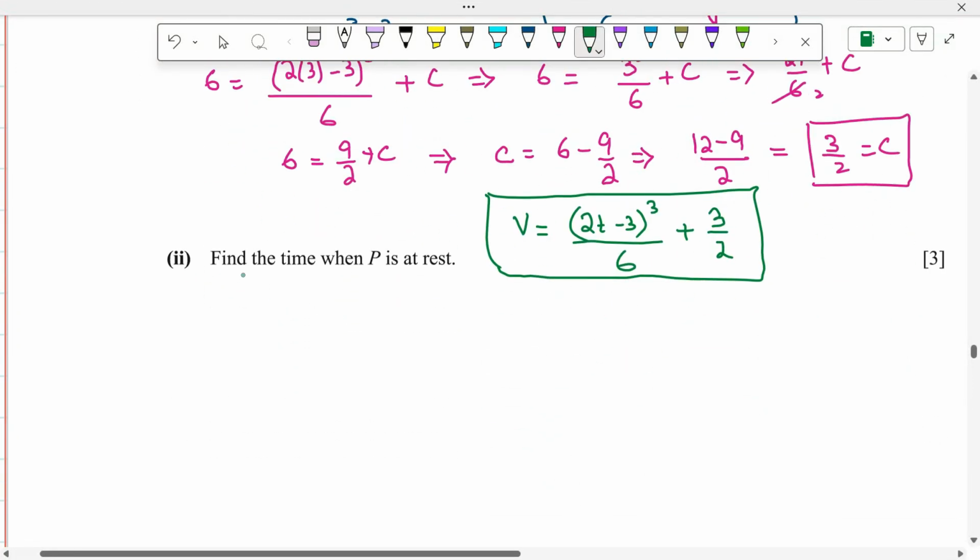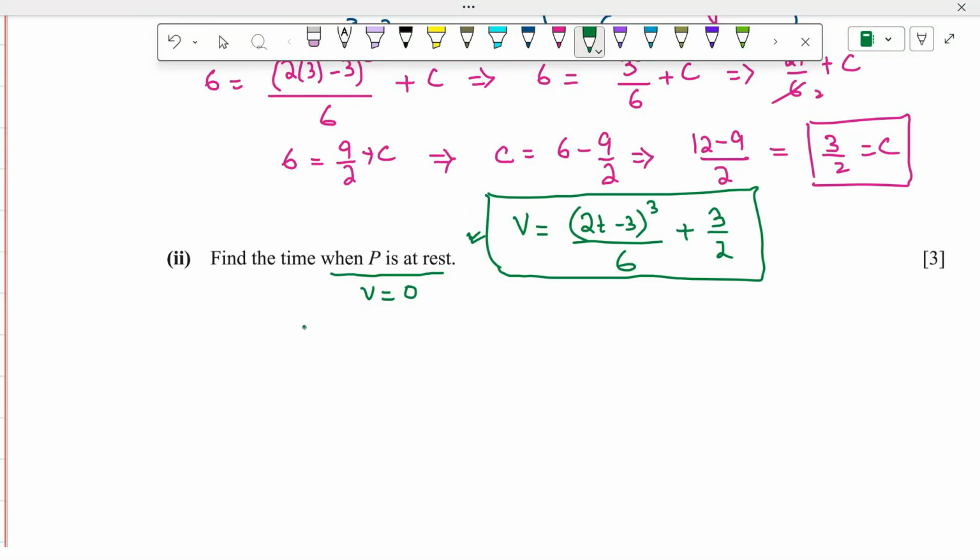Part 2. Find the time when P is at rest. When P is at rest, it means its velocity is equal to 0. So when we plug the value of velocity, which is 0, into the expression of the velocity and solve this equation, we can get the time.